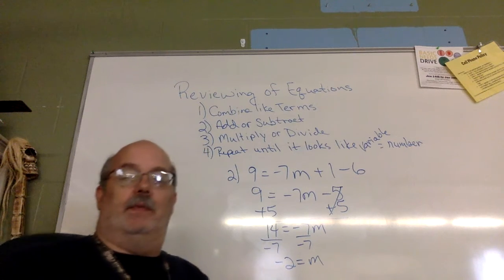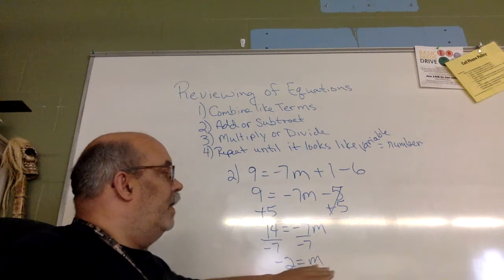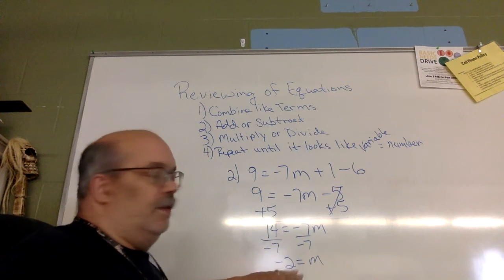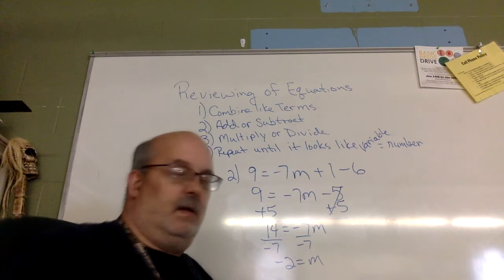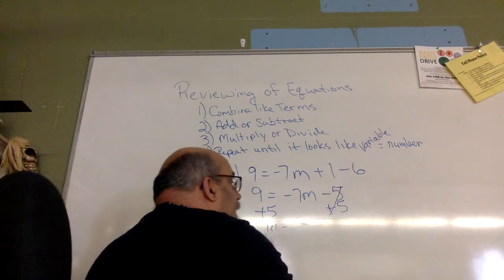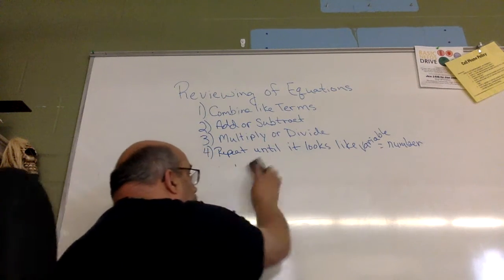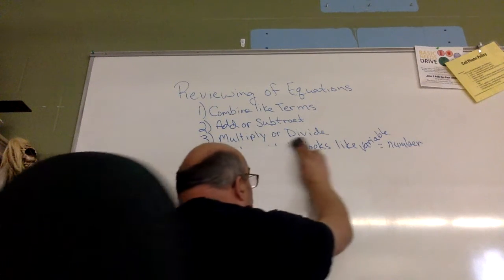So now m is equal to negative 2. Variable on one side, number on the other. So let's move on to the next problems.